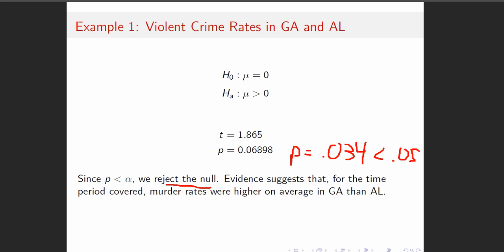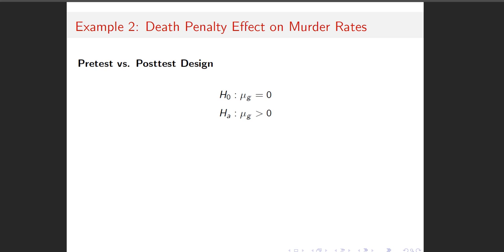That's our conclusion. The second example we're going to do is actually a pretest versus post-test design. In 1972, the Supreme Court banned the death penalty in all the 50 states. So we know what the murder rates were in 1971, and we know what they were in 1973, and in between, the Supreme Court got rid of the death penalty.